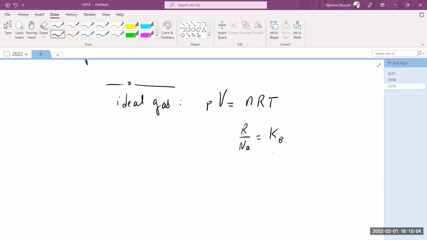So P gets less, and the entire volume where the entire gas is occupied is reduced also by a factor that has to do with where those molecules are located, because we're assuming that they are point particles, but in reality, they are not point particles, they have a finite size, okay? So the law PV equal to nRT is not exactly correct for a non-ideal gas. So if you wish, this ideal gas is not real.